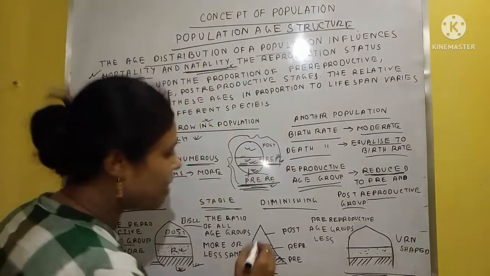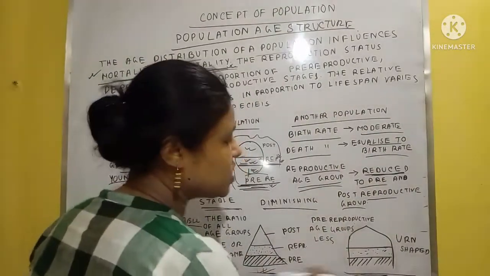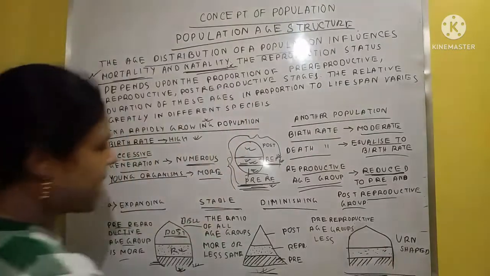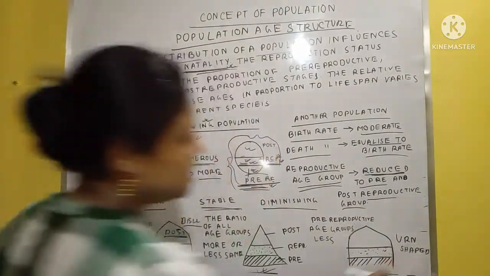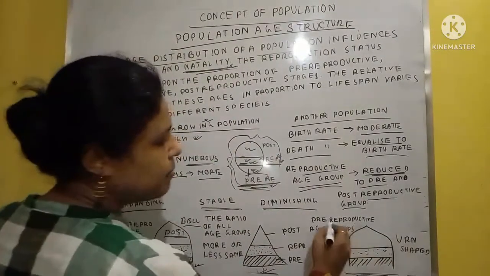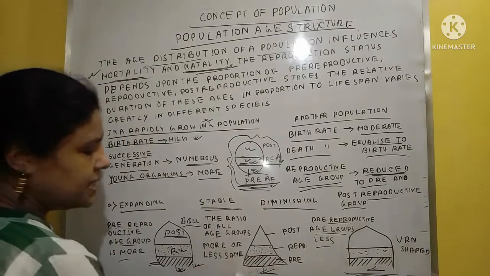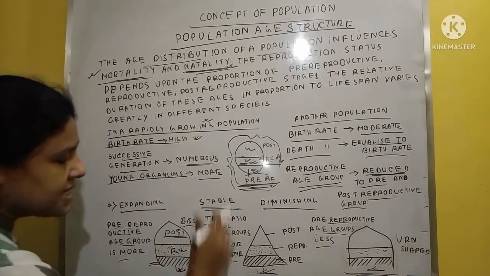But in that situation, we can get two kinds of age group structure. One is the urn-shaped structure and another is the triangular structure. In the case of the urn-shaped structure, you see that the pre-reproductive age group is very small, while in the stable type it is more or less the same.